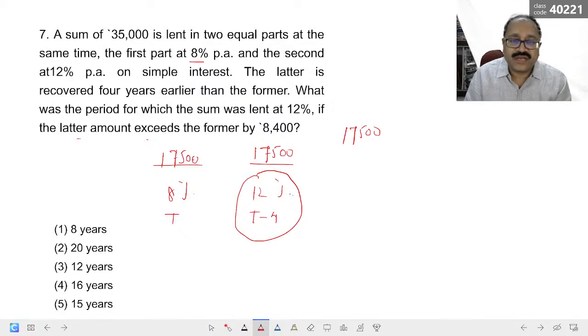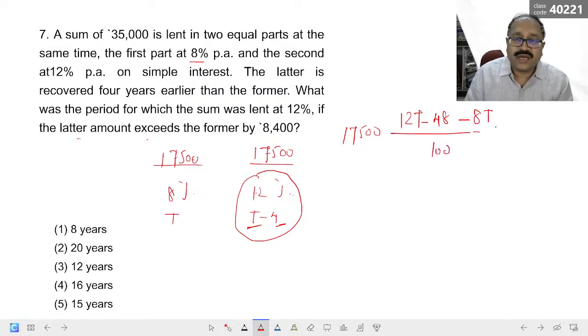But when you say latter here, that means 12% of (t minus 4). So that is 12t minus 48 minus 8t, into 17,500 by 100, which is equal to 8,400 given to us.